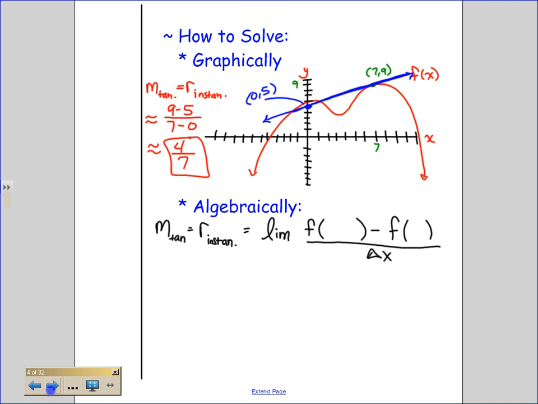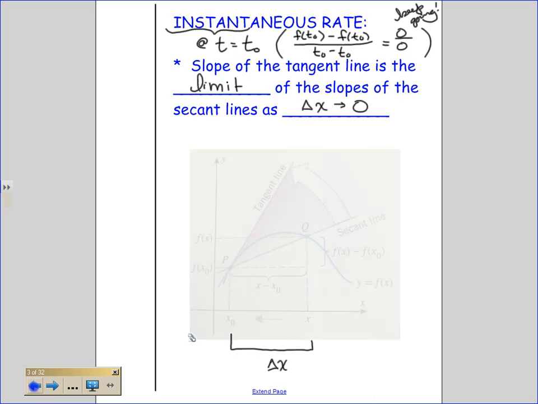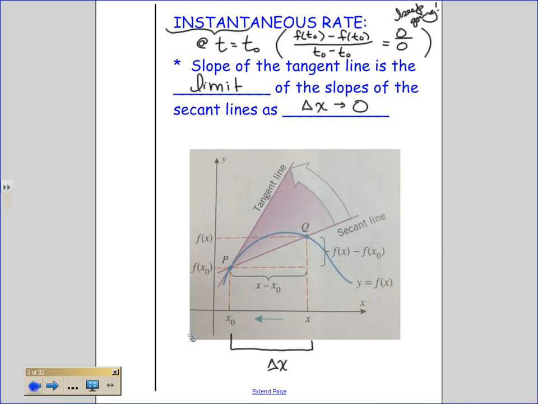Back here in my graph, if I knew my point of tangency, and I wanted to get to the other point I was going to pretend with and find a secant line, what could I add to the original to get to the new x value? The distance, otherwise known as the change in x.